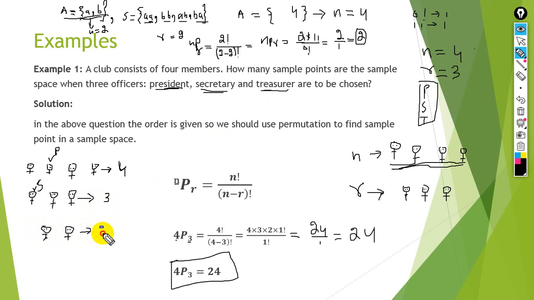So I will select the treasurer from 2 persons. So here this will be the treasurer, for example. So now you can also find the permutation by using this.